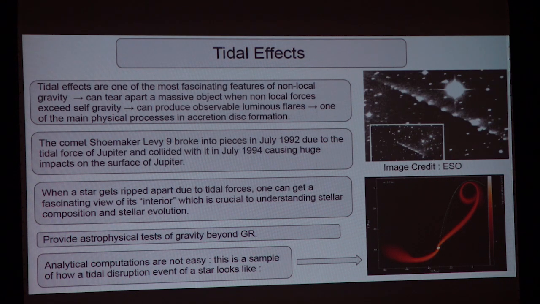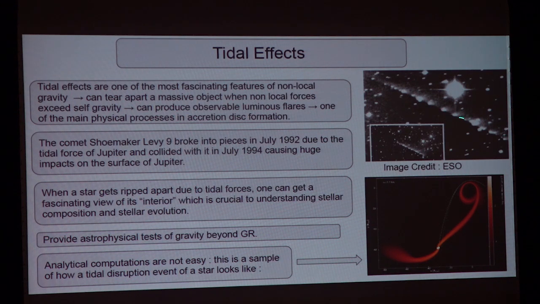To give you a very familiar example, in July of 1992, the comet Shoemaker-Levy broke up into, I think, 22 or 24 pieces due to the tidal forces of Jupiter, and collided with the Jupiter surface. Here there is an image of this breakup.